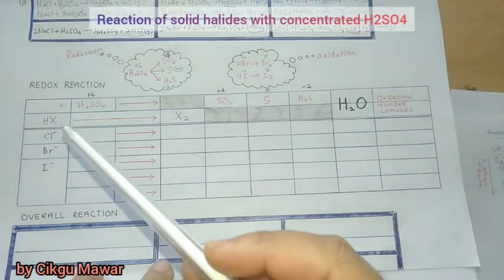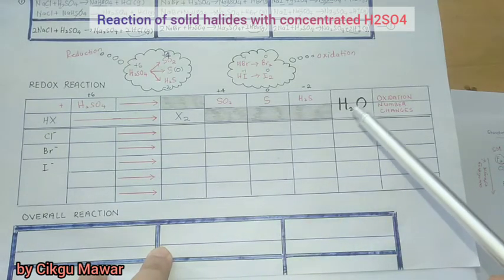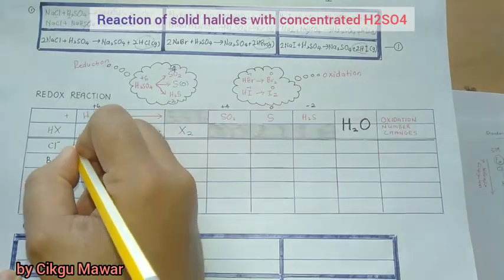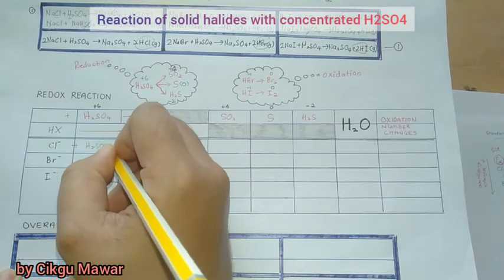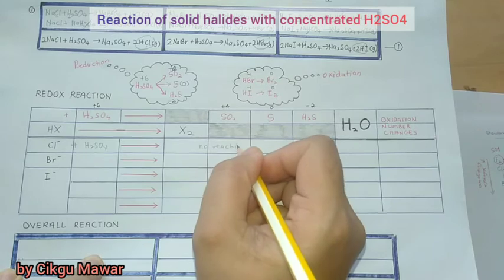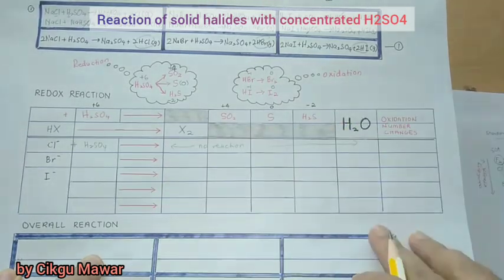The first thing is when hydrogen halide reacts with sulfuric acid, it will form water molecule. For the first reaction, when HCl reacts with sulfuric acid, no reaction occurs.